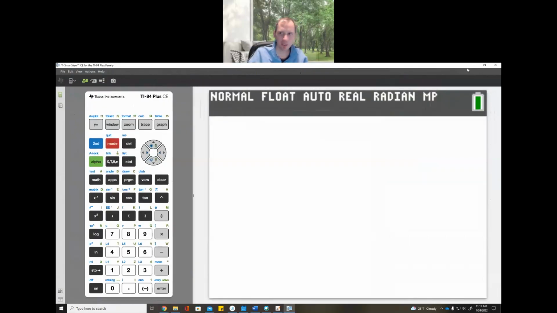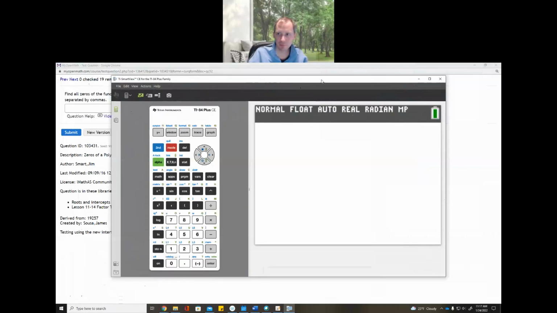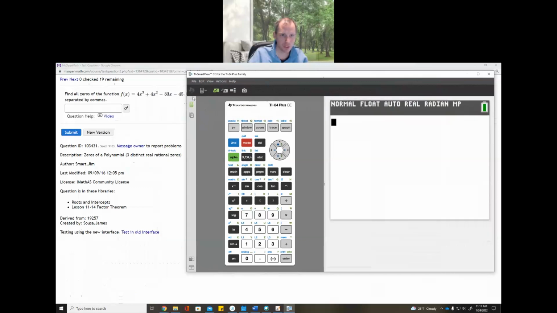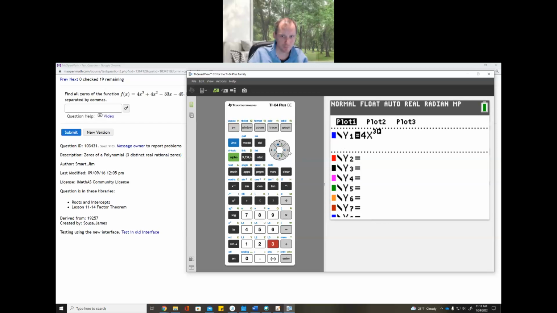If I want to plug into my calculator, especially if I want to test the same thing over and over again, I'm going to put this equation in as a function. So I'm going to hit y equals, and I'm going to type that in. So 4x cubed plus 4x squared minus 33x minus 45.